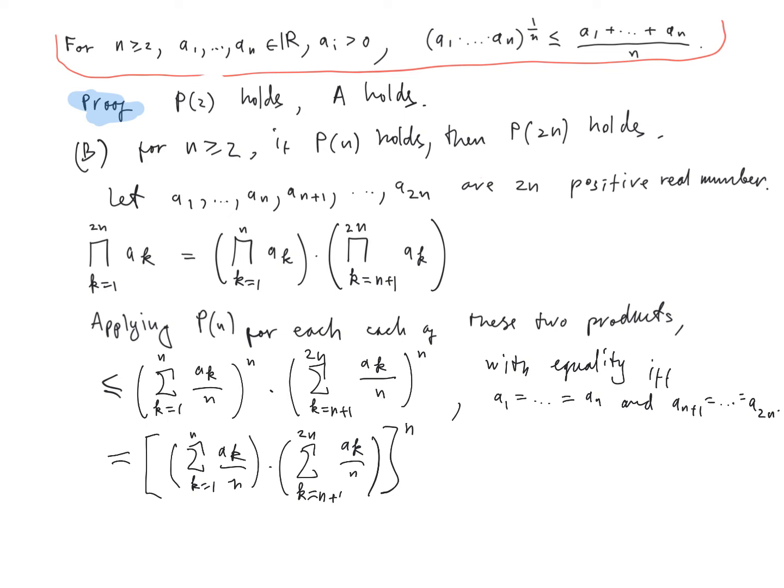So this is just the basic properties of powers and multiplication. Now this can be estimated from above by the following expression. So we have the sum over all k from 1 up to 2n of ak over n, divided by 2, to the power 2n.